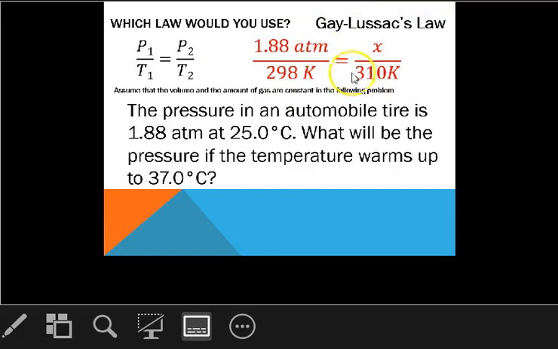So the path where you have both numbers is the 1.88 and the 310. And then you hit divided by 298. Your answer is going to come out in the units of atmospheres because the original units on your pressure is in atmospheres. So my new number is going to be 1.96 atmospheres.